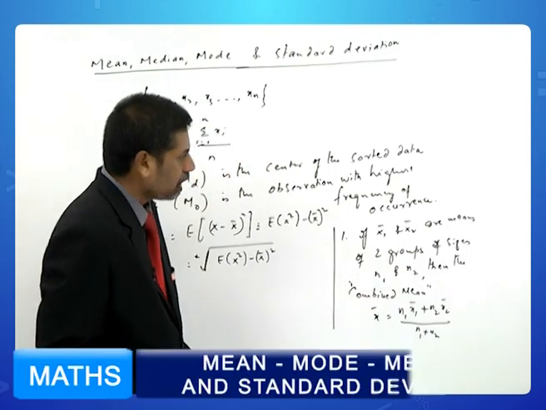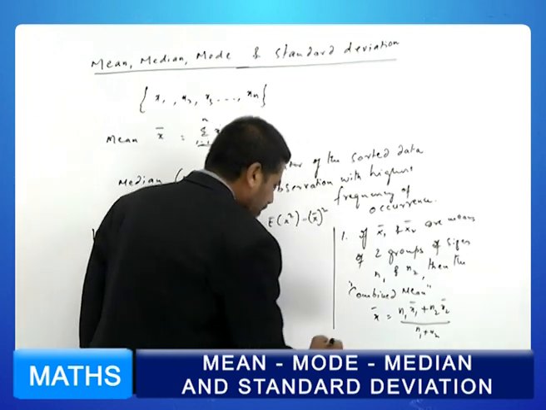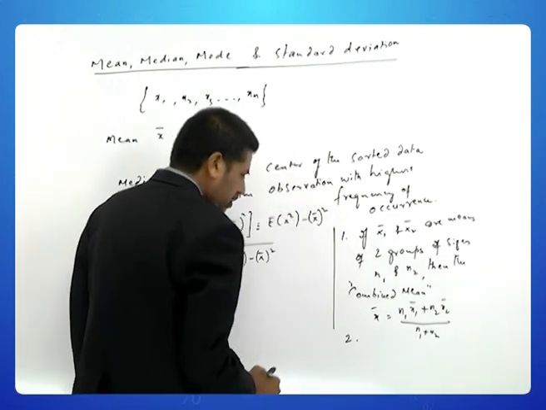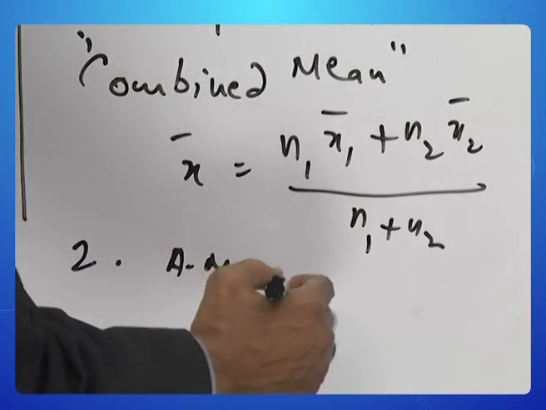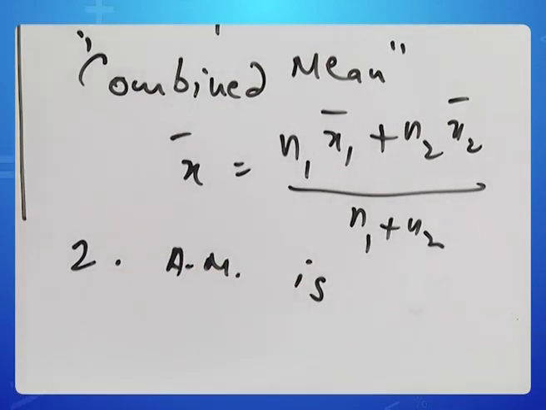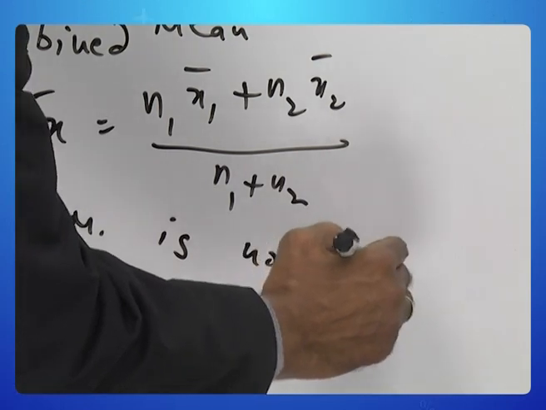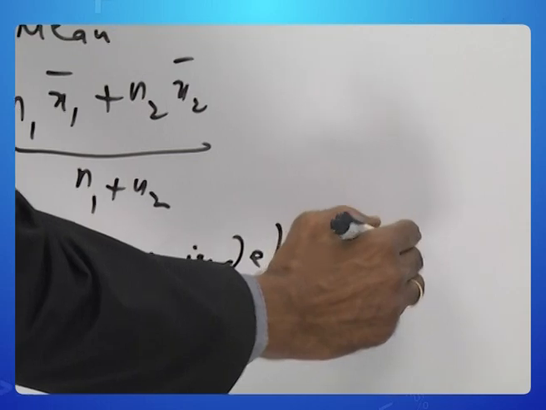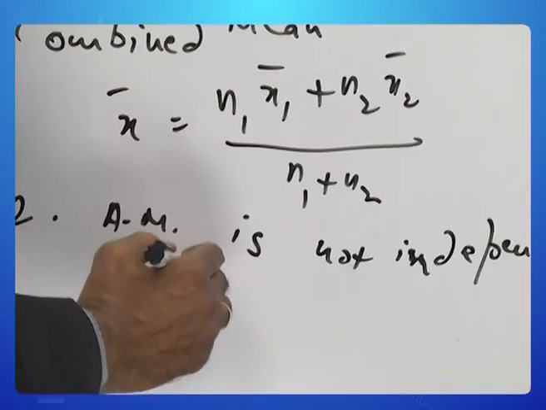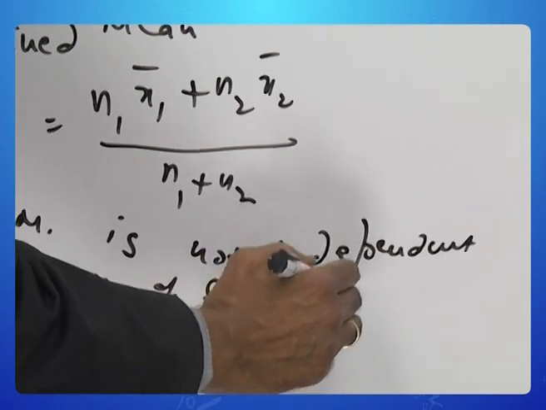And other important issues, we can say that arithmetic mean or simply mean is not independent of change of scale and origin.